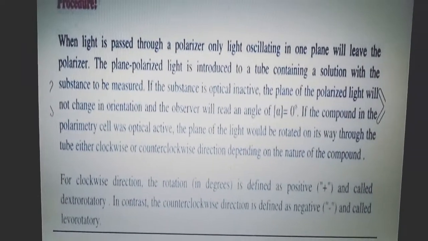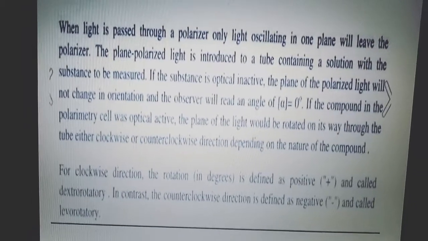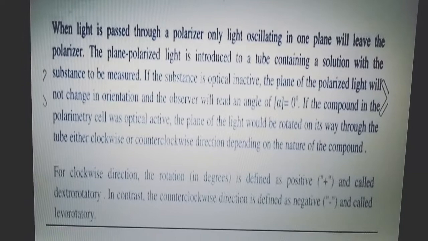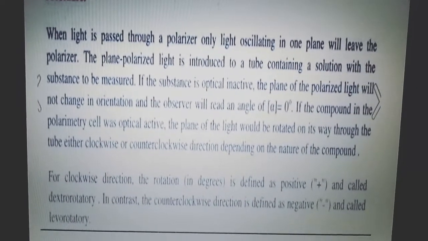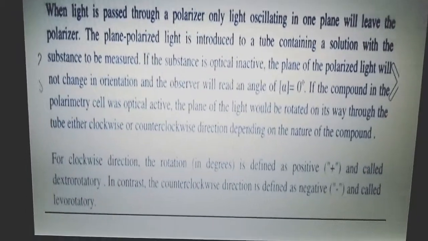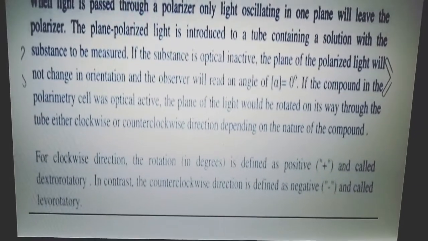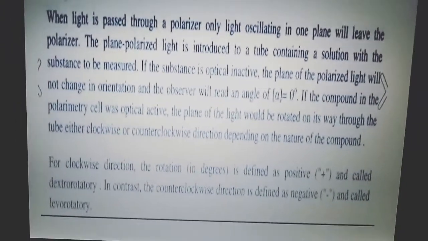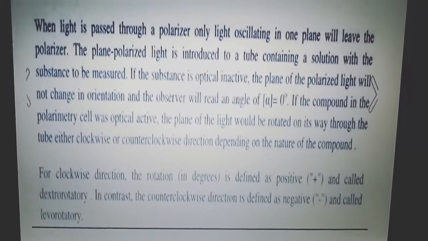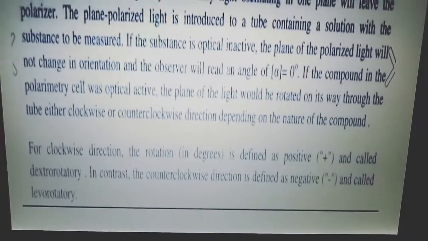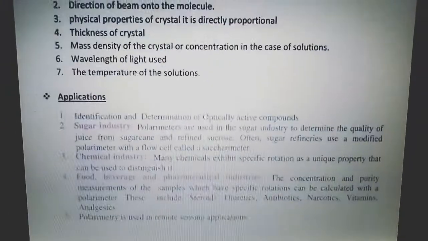If the substance is optically inactive, the plane of polarized light will not change its orientation, but if it is optically active, the plane of polarized light will be rotated in either direction, in clockwise direction or in anti-clockwise direction. For clockwise direction the rotation is defined as positive, meaning dextrorotatory, and for anti-clockwise direction it is denoted by the negative sign, meaning levorotatory.